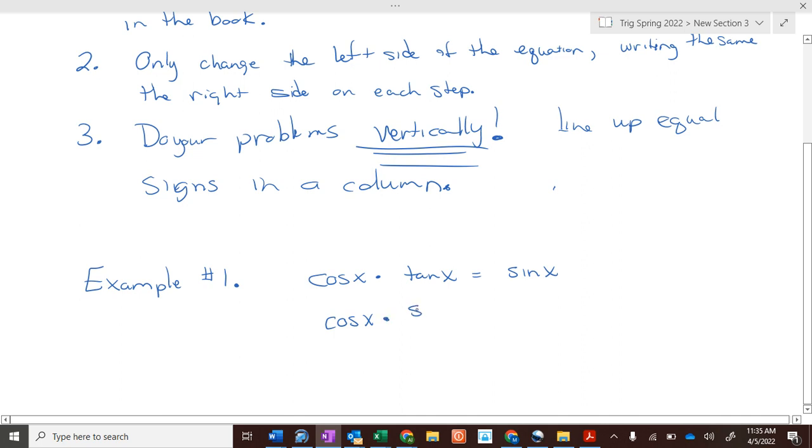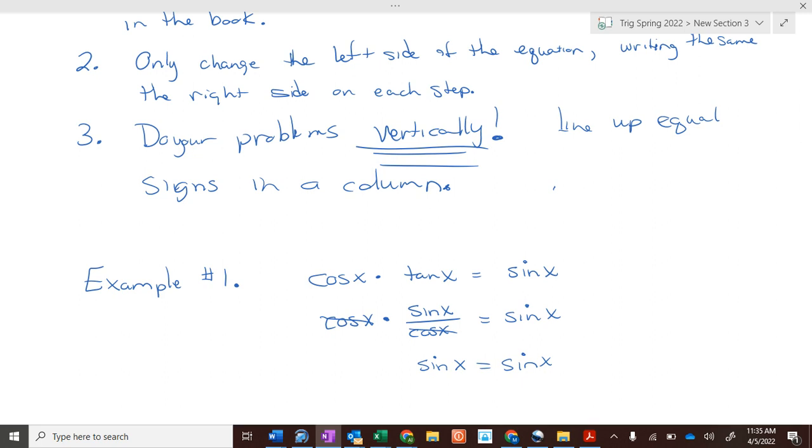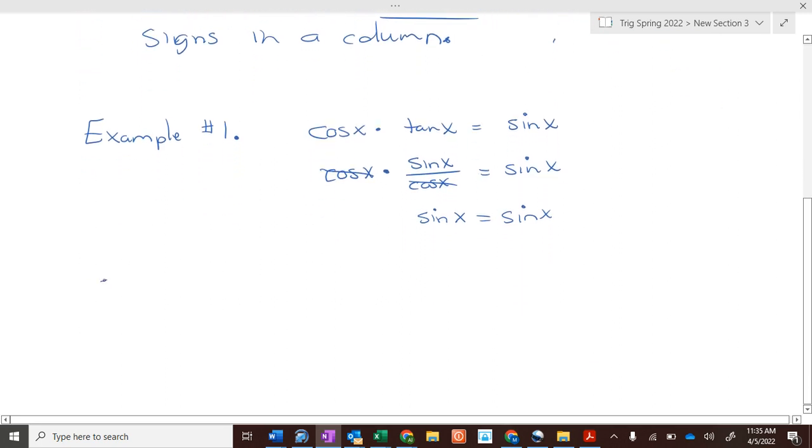Tangent becomes sine of x over cosine of x. When you do a trig identity, you go until each side matches. So I cancel the cosines here. Then in my last step, I write the matching down: sine of x equals sine of x. You're going to work until you match.